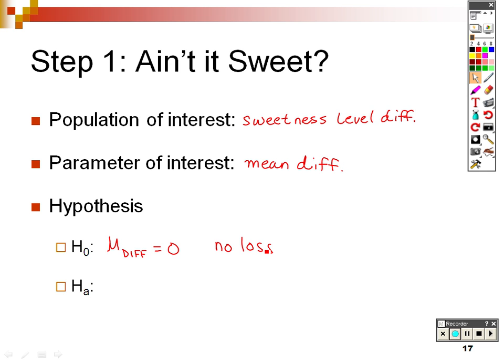Now, the alternative hypothesis is, yeah, not only do we think there's a difference, but we've got a particular direction. We think that there is going to be sweetness loss. And if there's loss, then the before is going to have a higher score than the after. And since the data are collected by doing before minus after, this is going to be greater than 0.